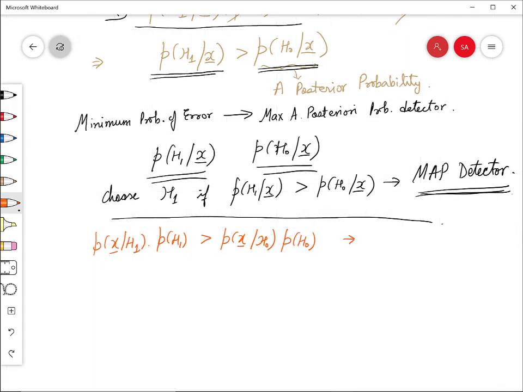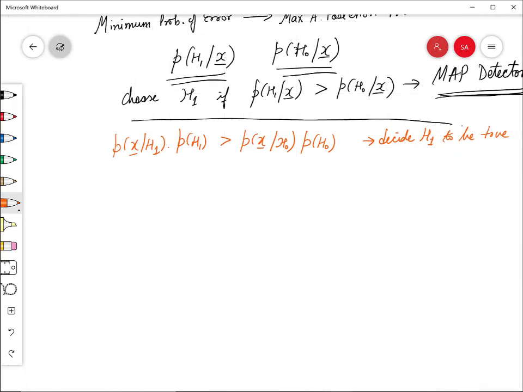So if this is true, then decide h1 to be true. Okay, now let's take another case. Suppose probability of h1 is equal to probability of h0, meaning all hypotheses are equally likely.